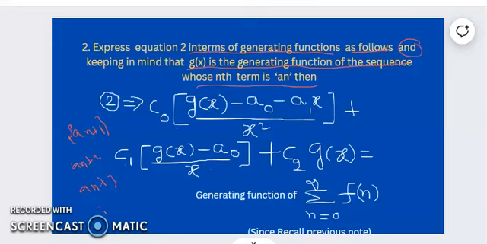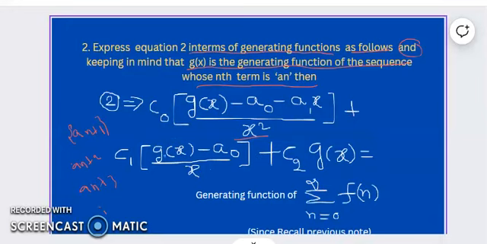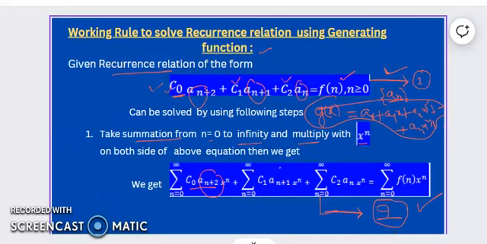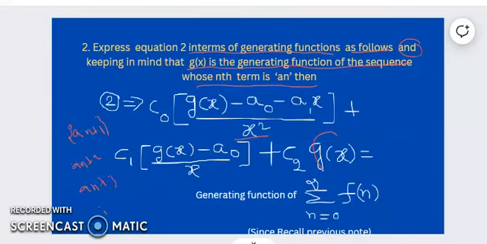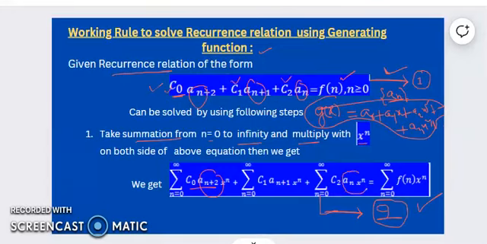So by using that, we write (g(x) minus a0 minus a1 x) by x squared in place of a(n+2), and we write (g(x) minus a0) by x in place of a(n+1), and we write g(x) in place of a(n).